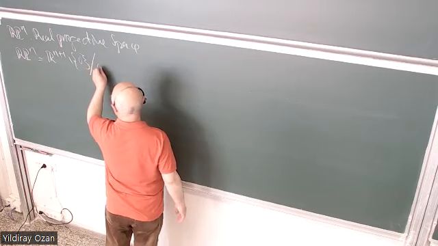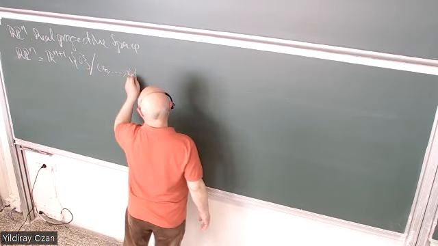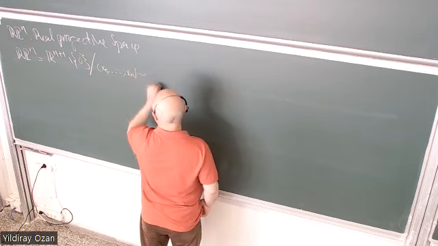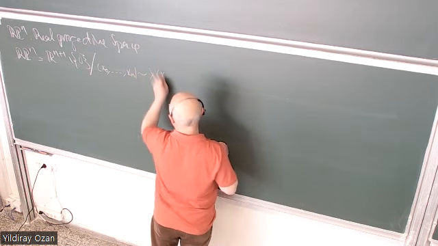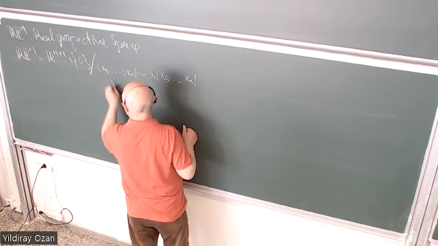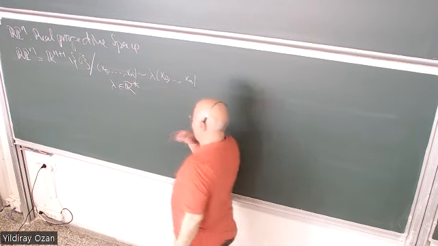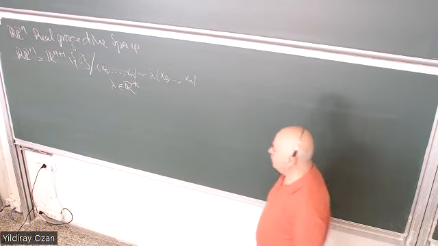So we identify this point with this one, where lambda is not zero, but it's a non-zero number.